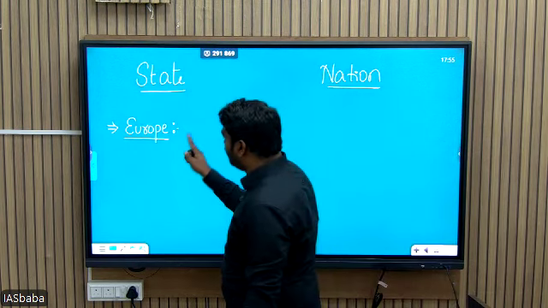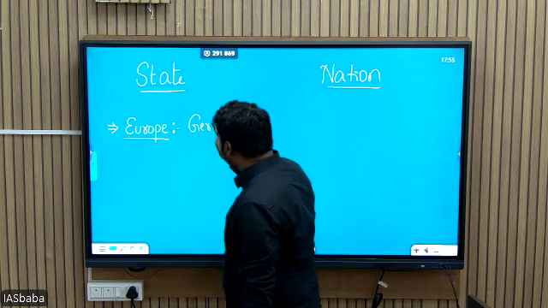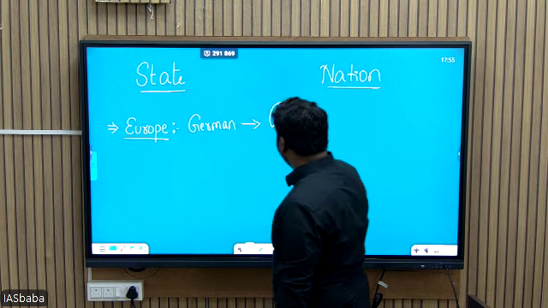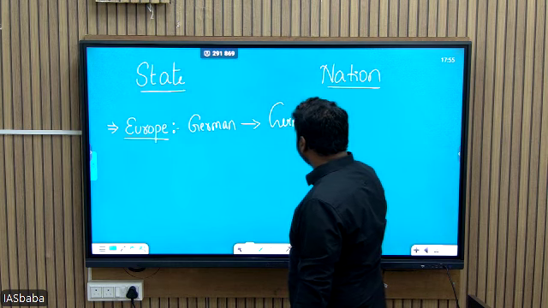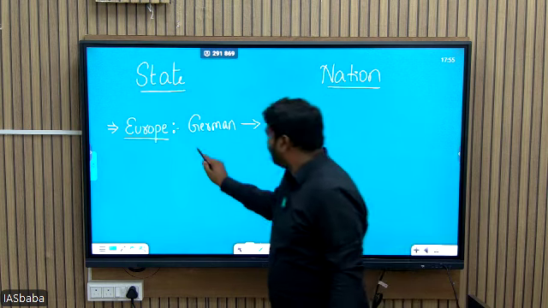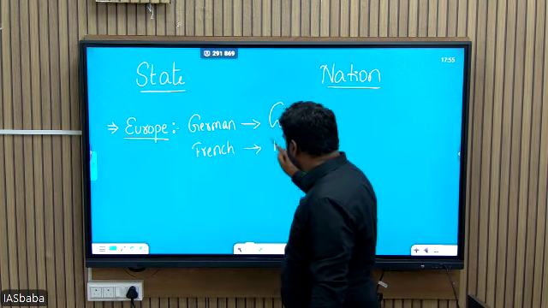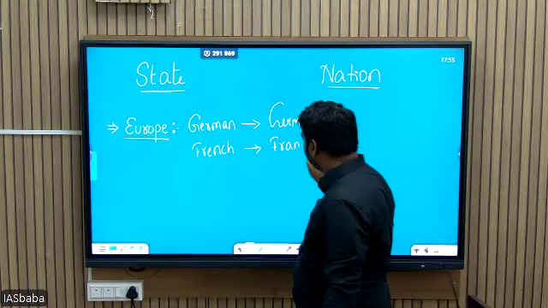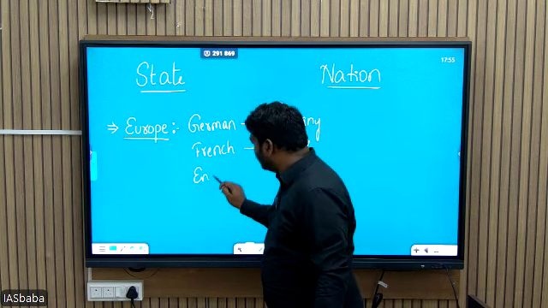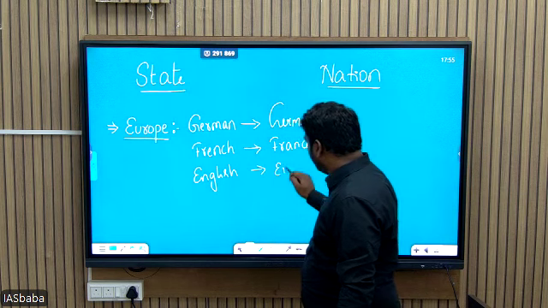Now, when we talk about Europe, what happened? German-speaking people came together to establish Germany, right? French-speaking people came together to establish France, right? English-speaking people came together to establish England.